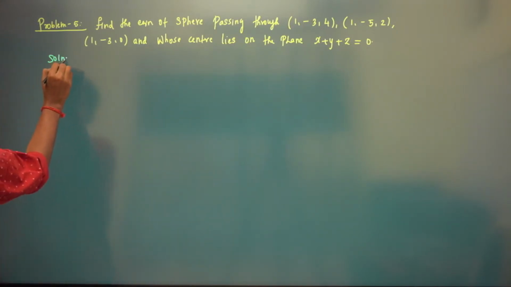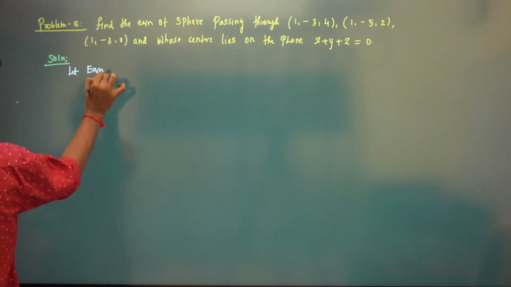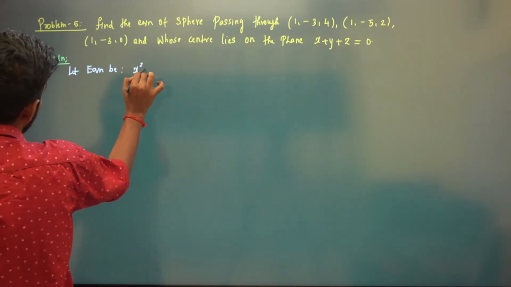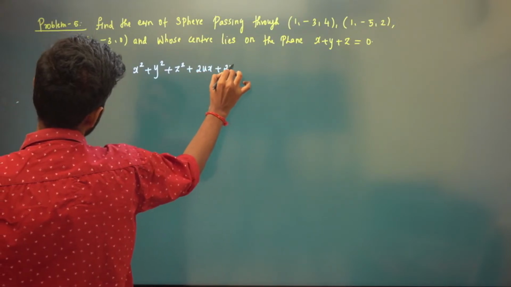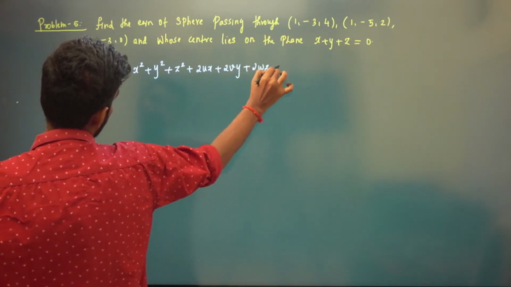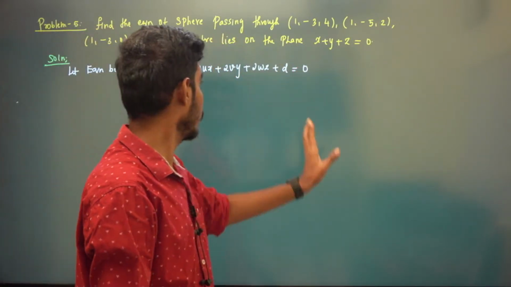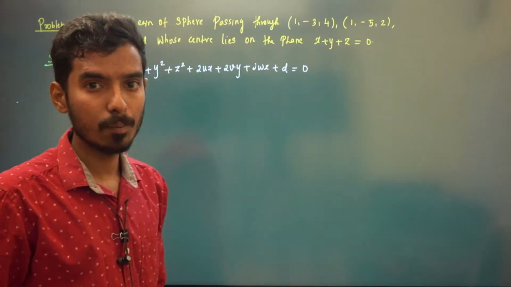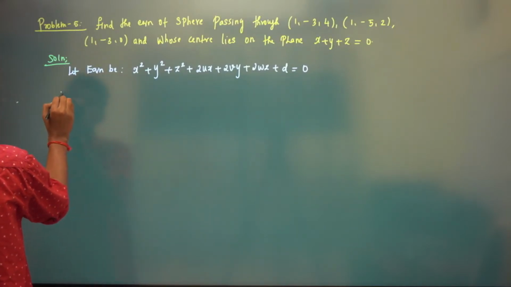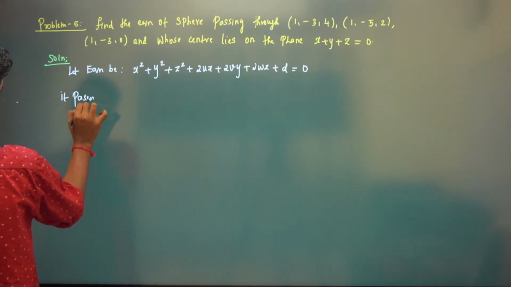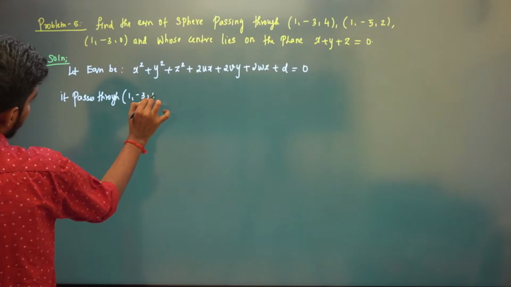Solution. So let the equation of sphere be x square plus y square plus z square plus 2ux plus 2vy plus 2wz plus d equal to 0. Now you substitute these 3 points. So you will have equations in u, v, w, d. So you will have 4 unknowns now. So it passes through 1 comma minus 3 comma 4.